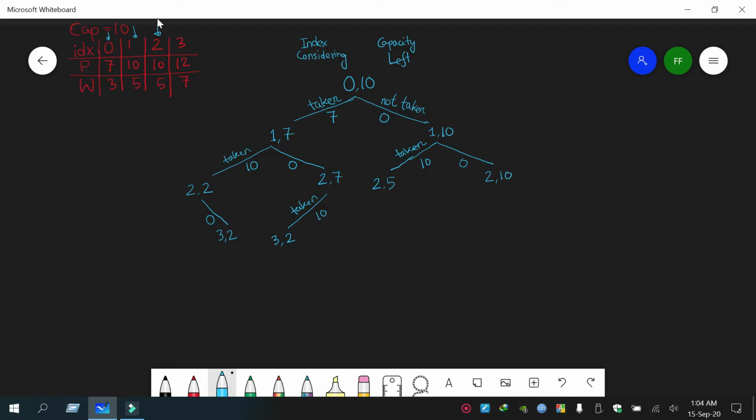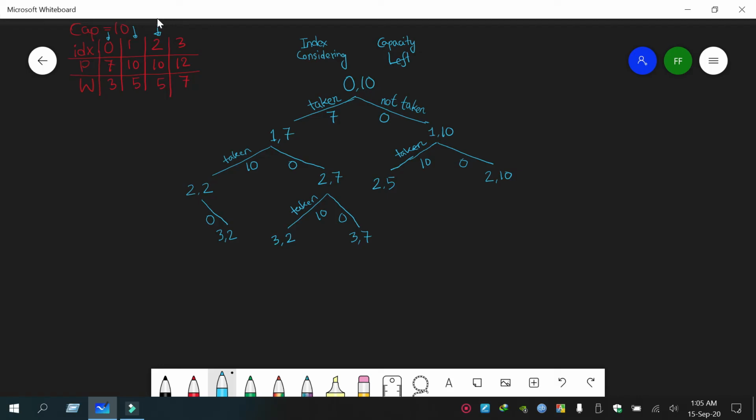And from 2, 5, before that a little bit, there was a branch, that means that we cannot take this item, so we will increase the index but we will not change the capacity.